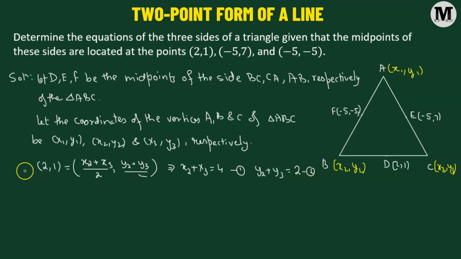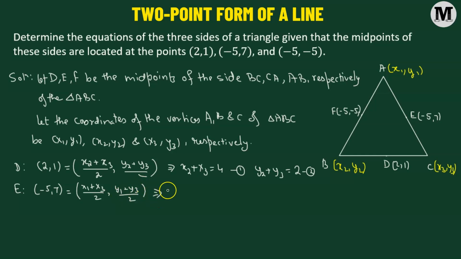Similarly, we have the midpoint E. E is the midpoint of AC, so its coordinates are (-5, 7). It can also be defined in terms of the coordinates of A and C as (x1 plus x3) divided by 2, and the y coordinate will be (y1 plus y3) divided by 2.